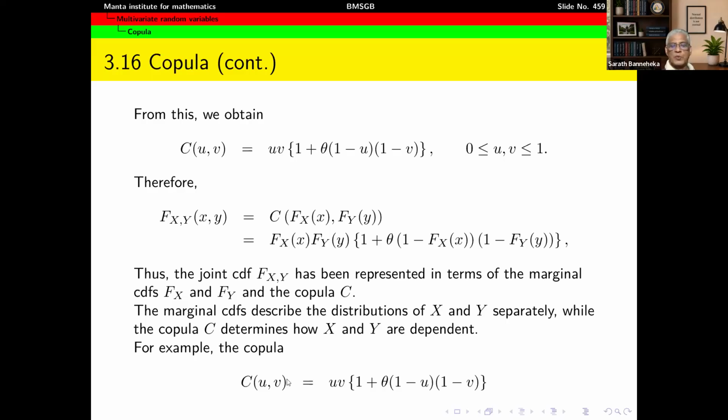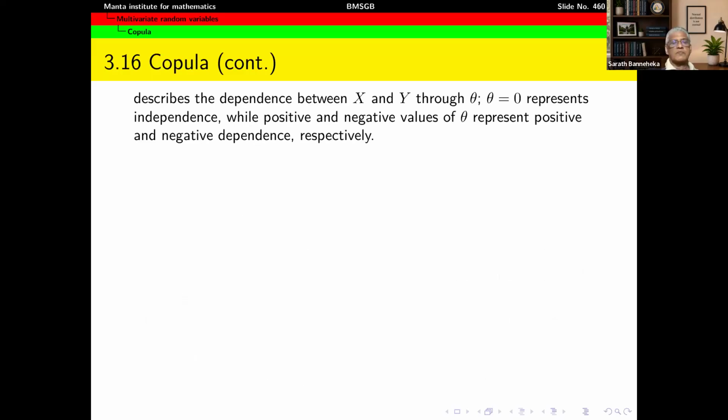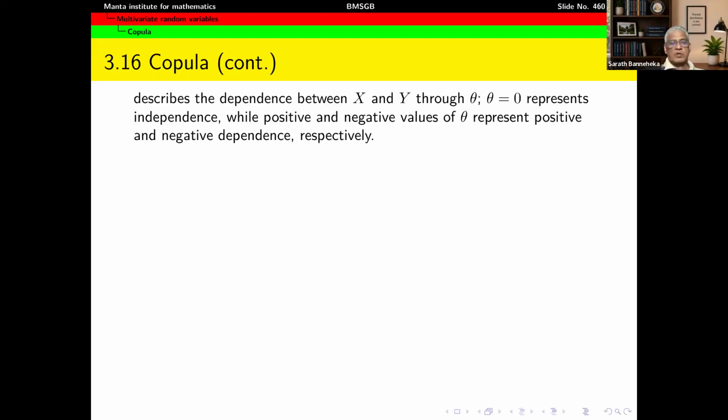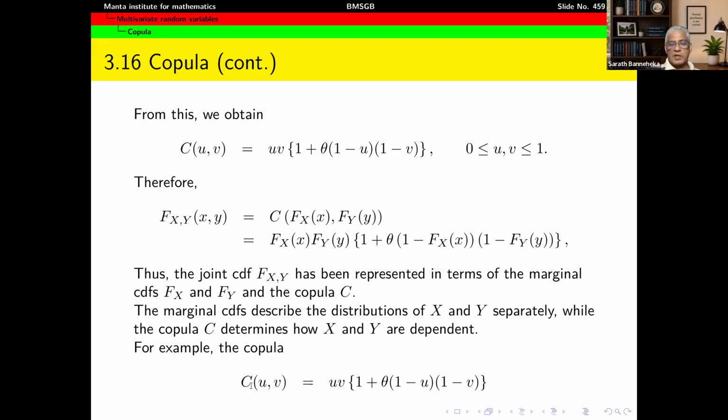For example, in this copula here, you can see that it's a function of u and v, and in addition to that, there's a parameter, right? So we can consider this as a function with some parameter. And if you, for example, look at theta equal to 0, then C(u,v), which is the same as the joint CDF, is equal to uv.